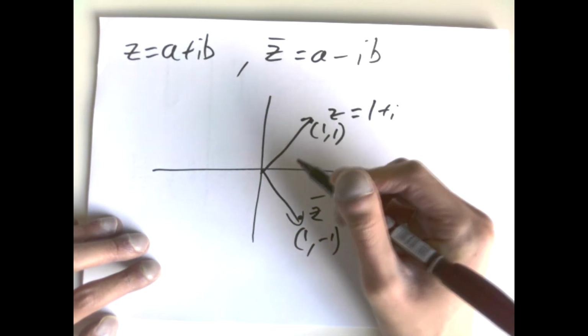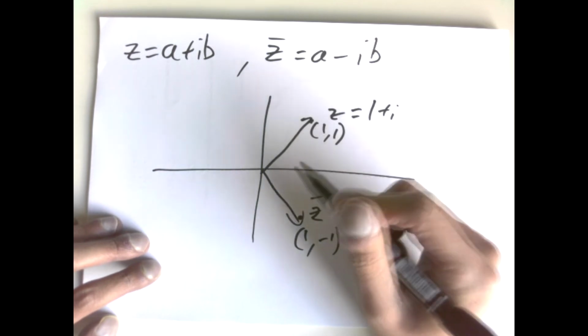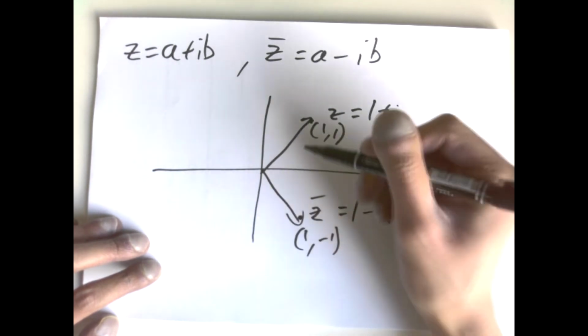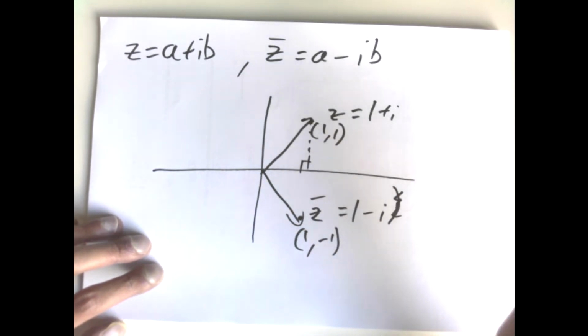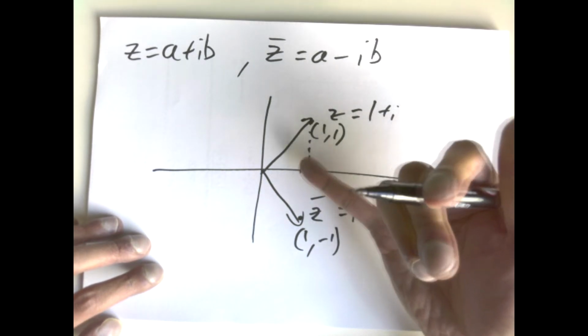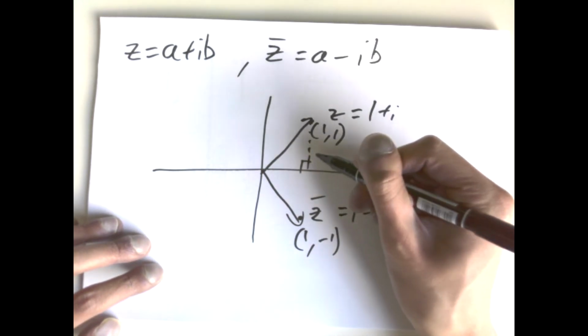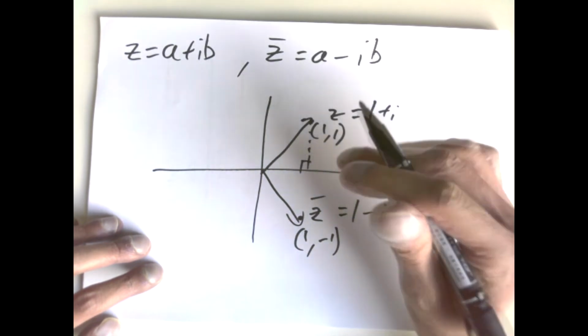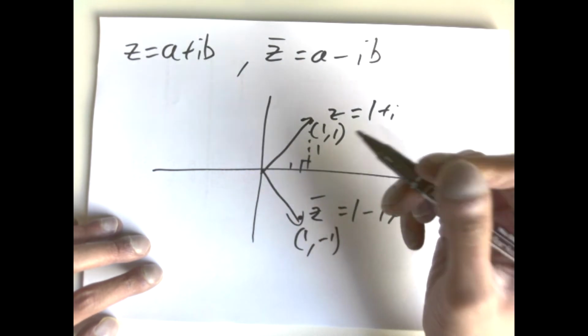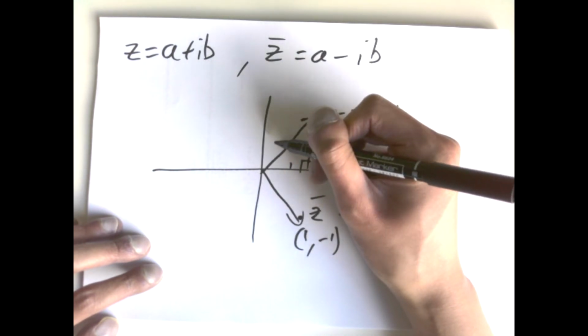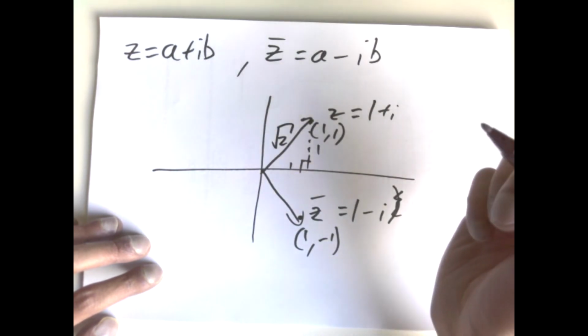Because we can represent complex numbers as a vector from the origin, we can actually make a right angle triangle out of this. And because there's a right angle triangle, we can use Pythagoras' theorem, where this height is 1 and this width is also 1, leaving this hypotenuse as square root of 2.